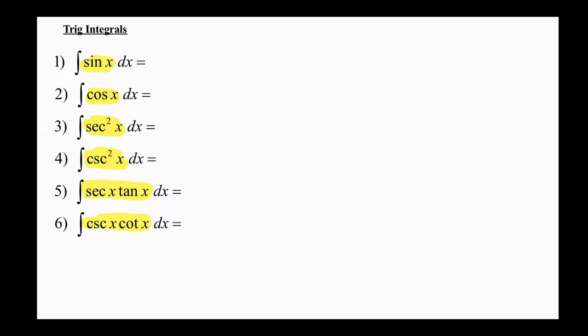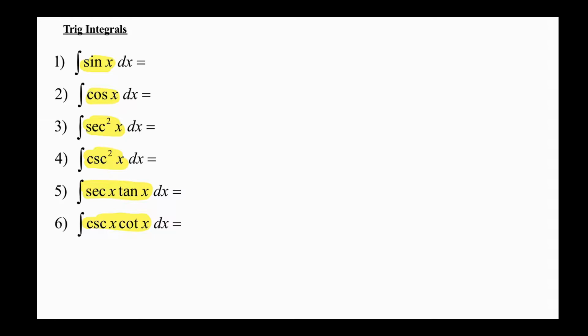Those look familiar in yellow? All of them collectively, do they look familiar? They should. Where do they come from? The first two, sine and cosine, obviously. But why did I choose secant squared instead of regular secant? Why did I choose cosecant squared instead of regular cosecant?